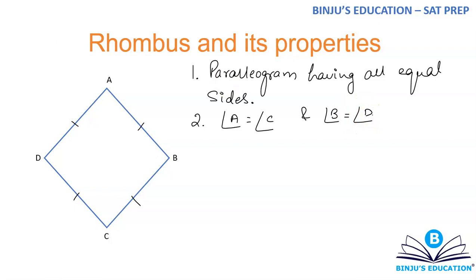Now, what's more important in case of a rhombus, and why they ask so many questions from rhombus, is that there are two properties. First is diagonals are not equal, or let me put it this way, diagonals may or may not be equal.